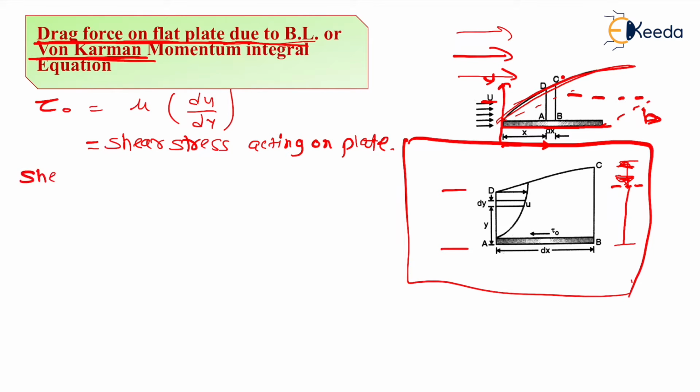Shear force can be calculated on this plate. The stresses are acting along the surfaces like this as arrow shown in figure. So shear force is nothing but the shear stress tau nod into area under consideration. Here area is this dx into this width b. So it will be dx into b.